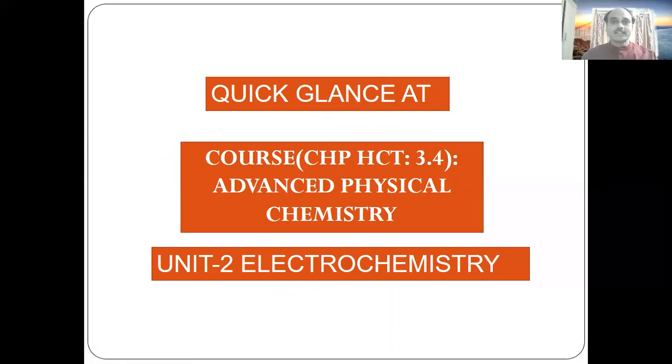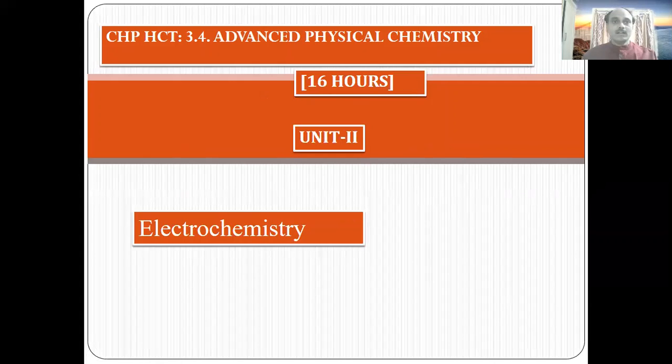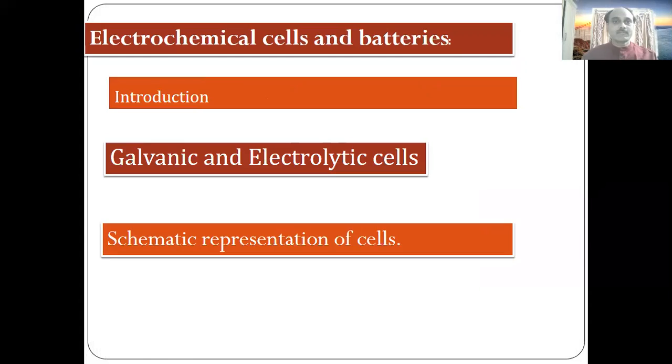A quick glance at course CHP HCT 3.4, Advanced Physical Chemistry, Unit 2, Electrochemistry, which is of 16 hours duration.